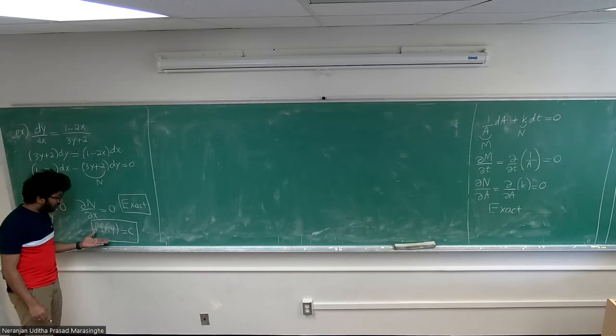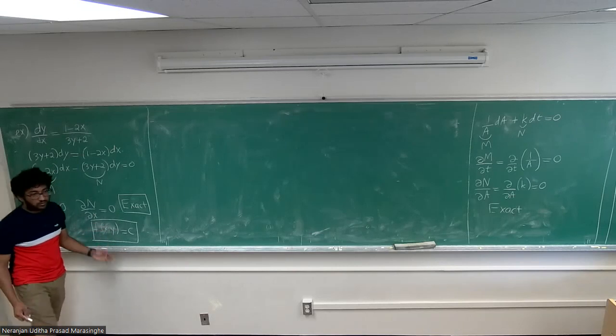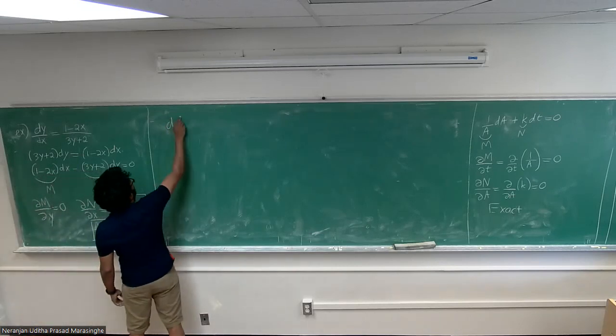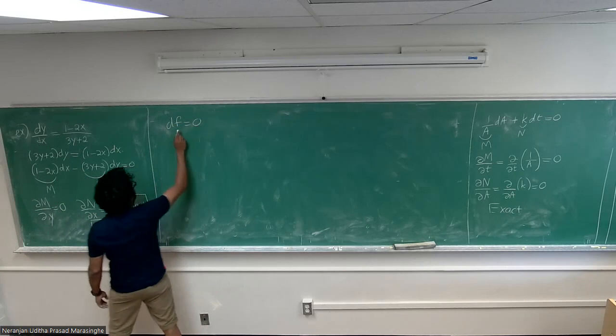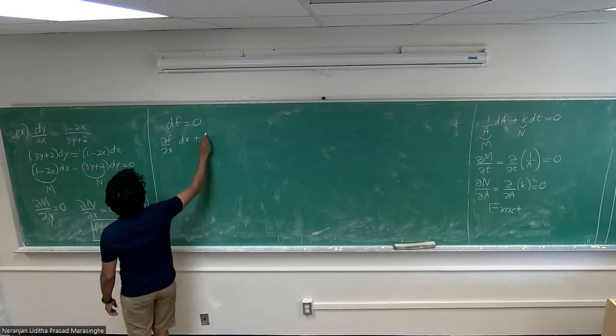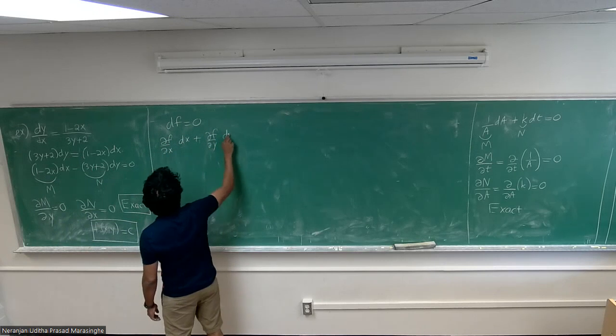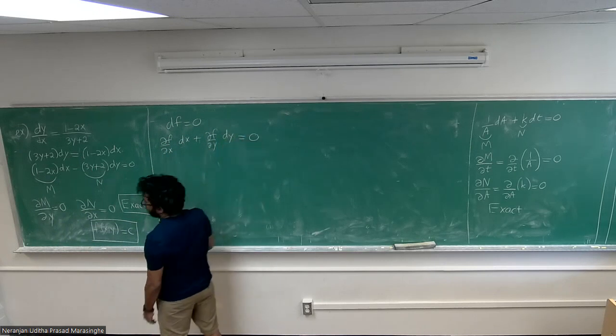So what can you say about df, the differential of it? F is always a constant, right? So df is 0. Okay. df is equal to 0. What is df? ∂F/∂x dx plus ∂F/∂y dy equal to 0.